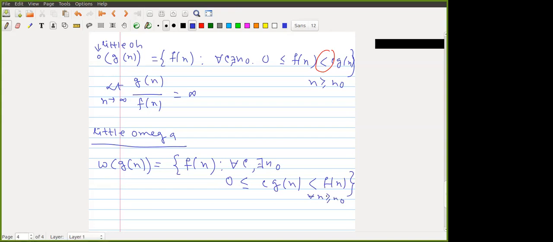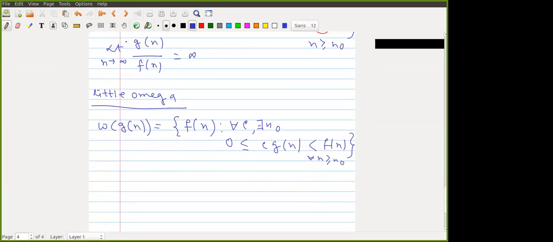Similar to this definition, the limit as n tends to infinity of g(n) by f(n) goes to 0, because this is a strict term.